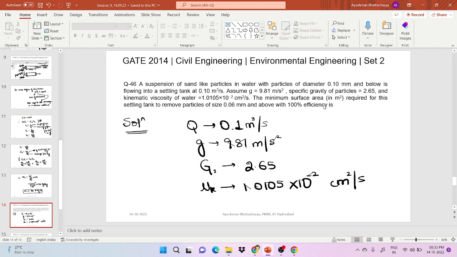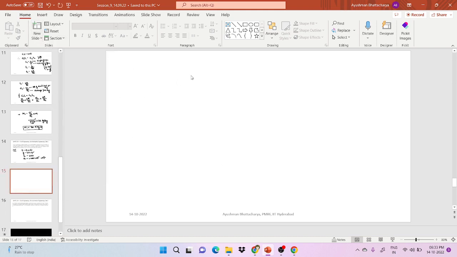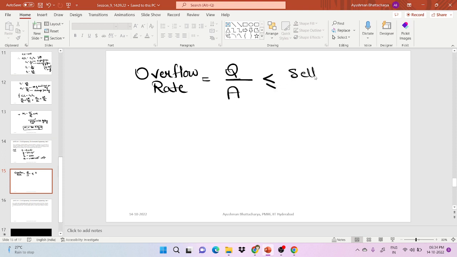So minimum surface area required for the settling sand to remove. Whenever this kind of question comes, our approach should be the basic concept which I have discussed many times in the class, like overflow rate. We know overflow rate is equal to Q by A and it should be less than the settling velocity.